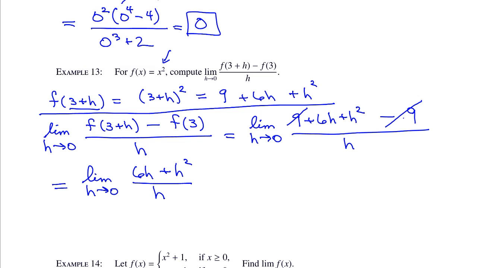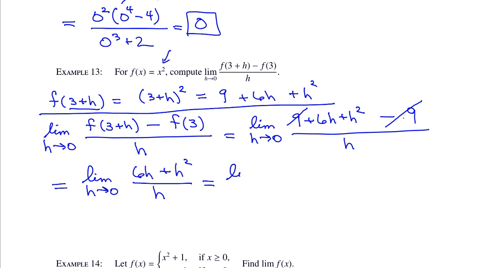Can I plug in h equals 0? No, because you get a 0 in the denominator. So we need to do something else. What does it look like we need to do? Yeah. Notice that both terms in the numerator have an h. I can factor out the h and cancel.